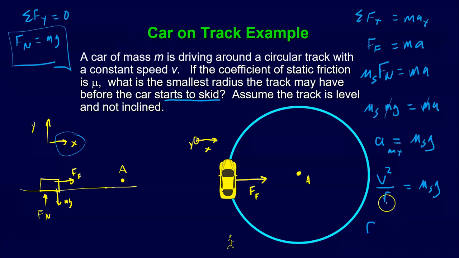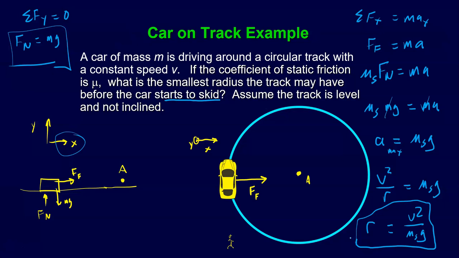And so I just solve this for my r. When I did that, I got v squared over mu s times g. So I just basically swapped the r and the mu s g like that. And so that's, again, the smallest radius the track can have before the car starts to skid.